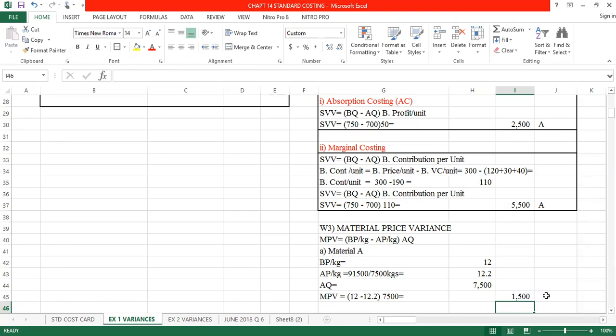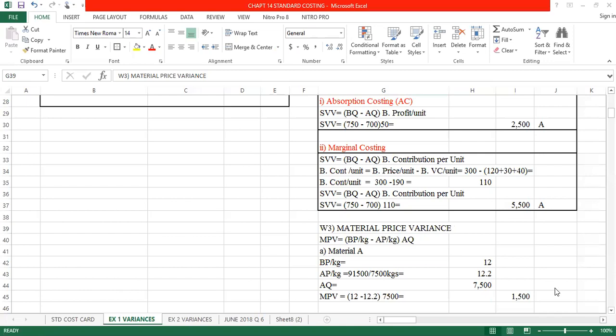Now, let's reason. Materials is a cost. Cost is expenditure. We had budgeted to buy materials at $12 per kg. We actually bought, buying is spending, we actually bought at 12.2. Did we gain or did we lose? These are now costs, not income. Did we gain or lose? You can type for me the answer. We lost.